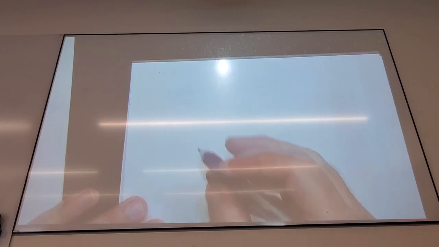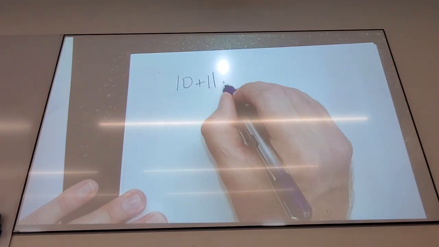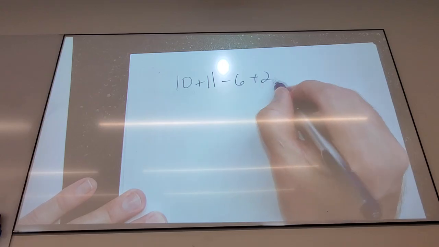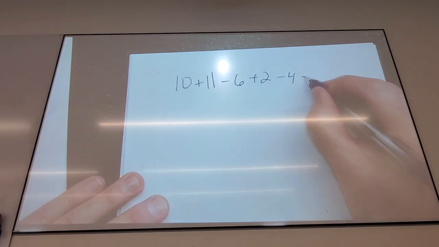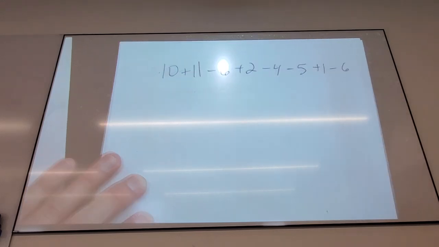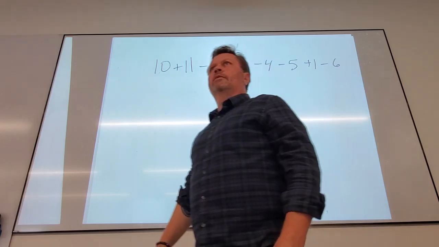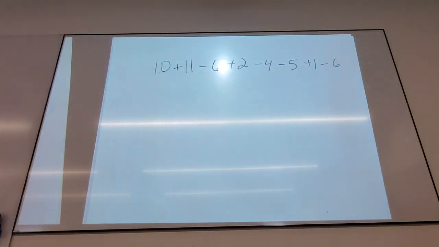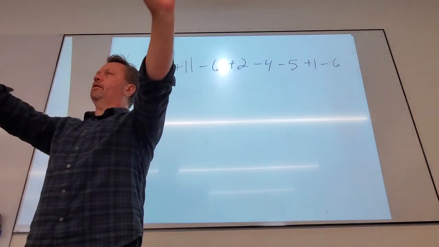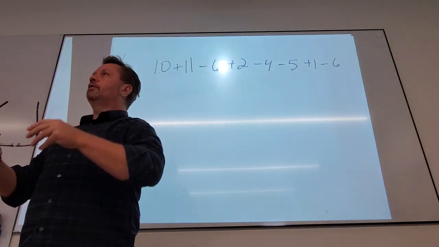No. But if I had to do this, a quicker way to do this is to put all your negatives together. So there's 2 ways. I could put all my negatives together, put all my positives together, and then put those together, yes?